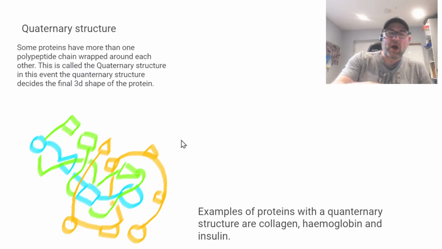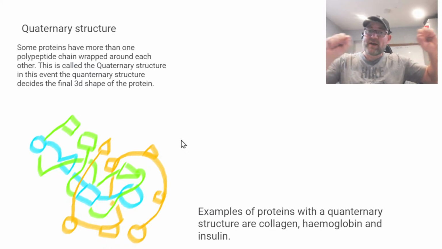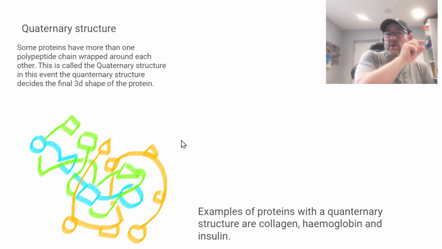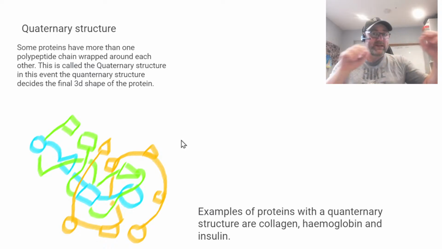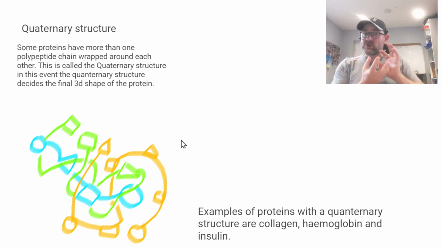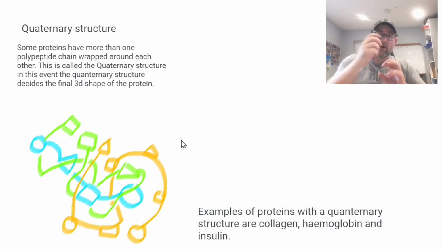What you can see hopefully here is that some proteins don't just have one chain, they have 2, 3 chains. So imagine you had a red set of prayer beads, a green set and a blue set, and you started wrapping them. Not only was one of them wrapped up into a 3-dimensional shape, but you now weave another one in between and wrap it around, and then a third or a fourth.